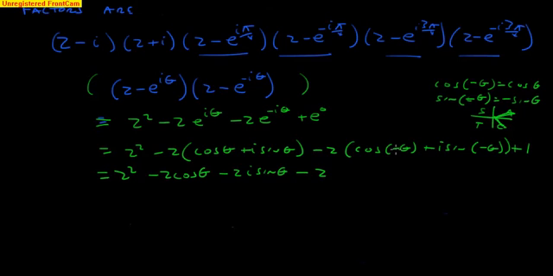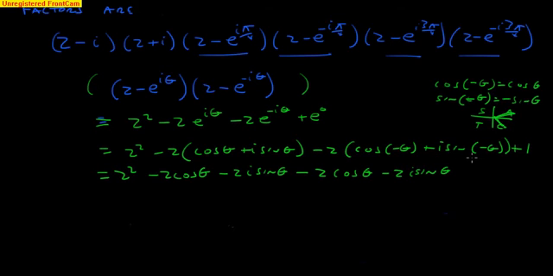Because of that, cosine of negative theta is the same as the cosine of theta. But when we come to do minus z against the sine of negative theta, sine of negative theta is negative the sine of theta.